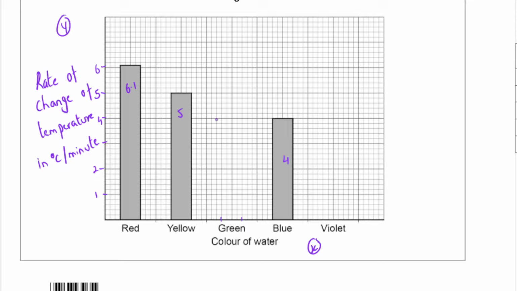Now each box in the y-axis is actually 0.2. How do I know that? I've got 5 boxes, so 1 divided by 5 is 0.2. So each box is 0.2. It goes up as 0.2, 0.4, 0.6, 0.8, and then 1. So green box needs to go up to 4.3, which is half of 1.5 box. So if I draw a line there, let me redraw that.